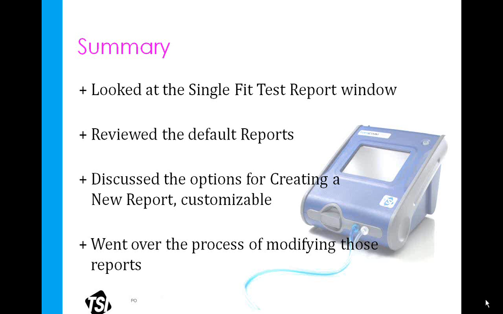I know I mentioned it before, but I'll mention it again. Nothing you do here is going to affect the data, so you can feel free to go in, adjust these reports, create new ones, modify reports, what have you. Everything can be undone. It's perfectly safe.